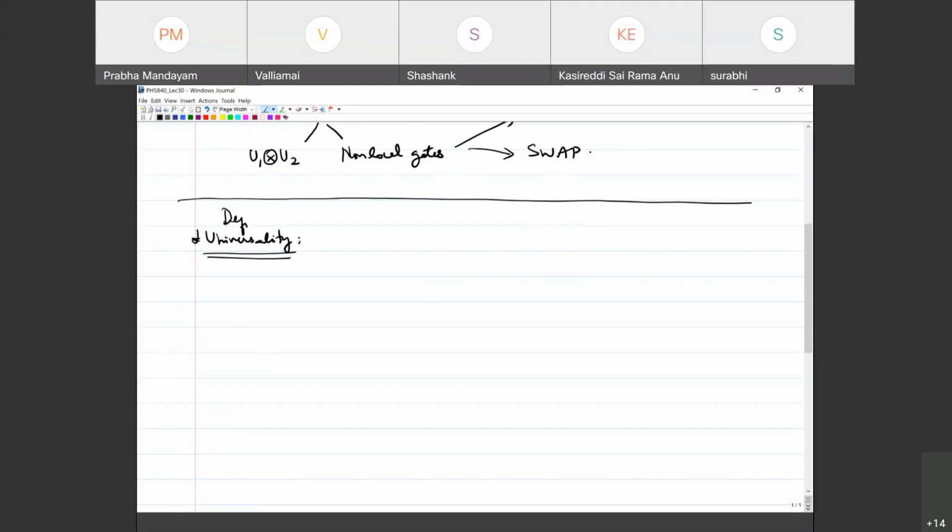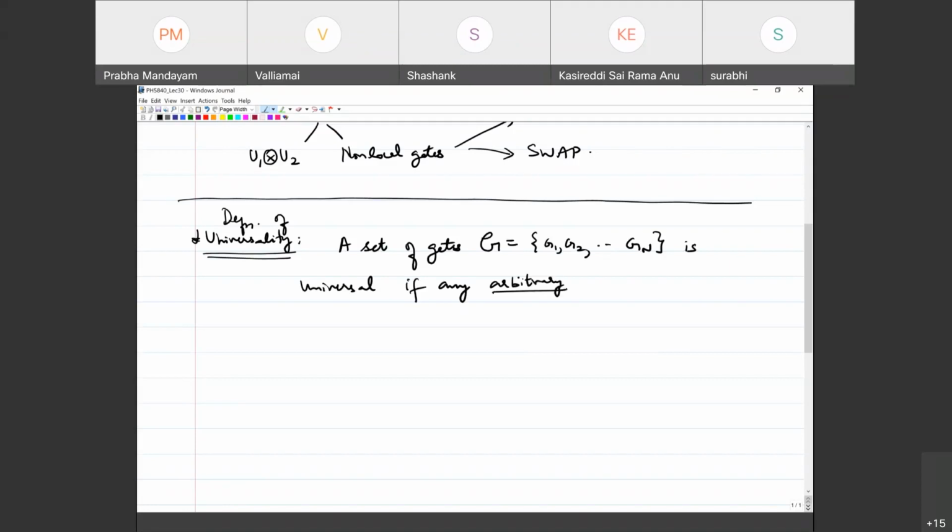So this is the definition of universality, which is that a set of gates, maybe there are capital N of them, we'll see how many gates we need, is said to be universal if any arbitrary quantum gate, and note that by this we mean of any dimension, right?